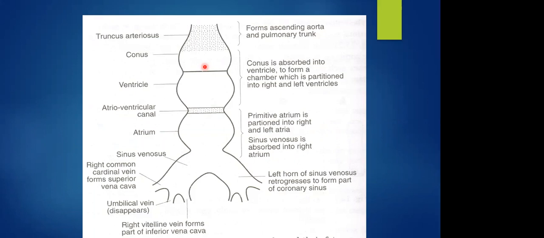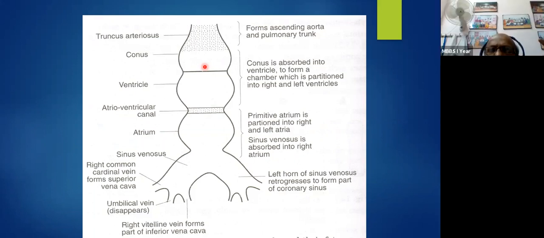From that we have the origin of the ascending aorta. So the infundibulum of the right ventricle and the aortic vestibule of the left ventricle are both derived from this conus. Note that one structure is in the right ventricle, one in the left.